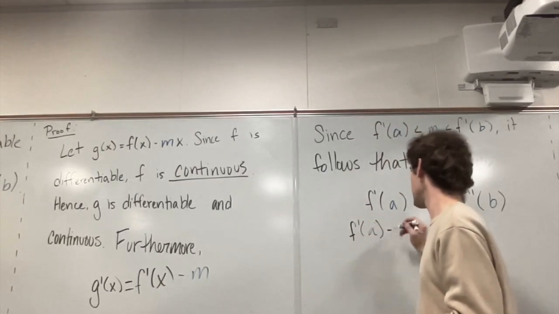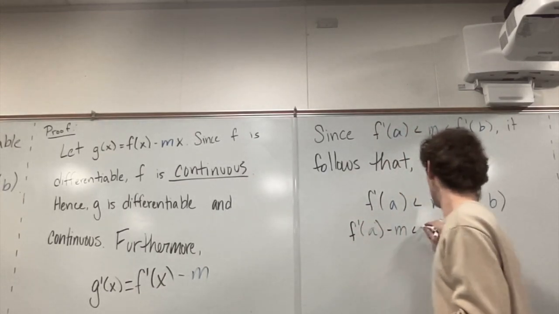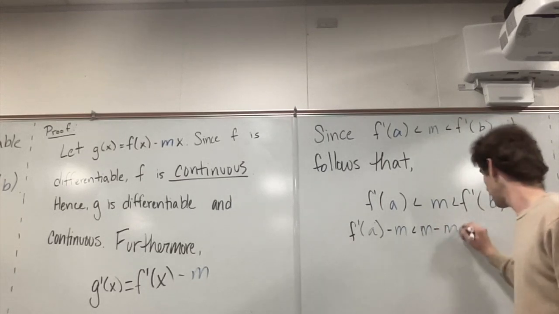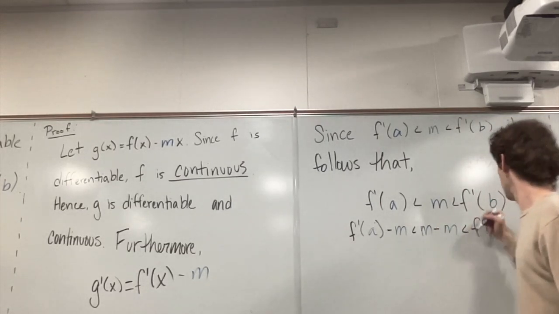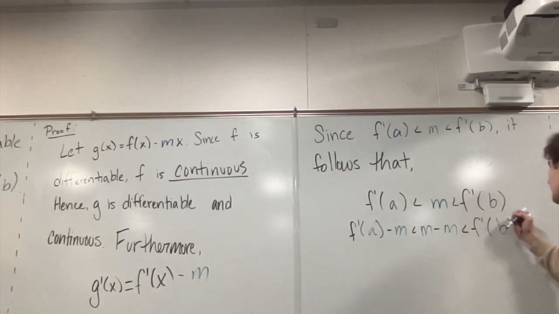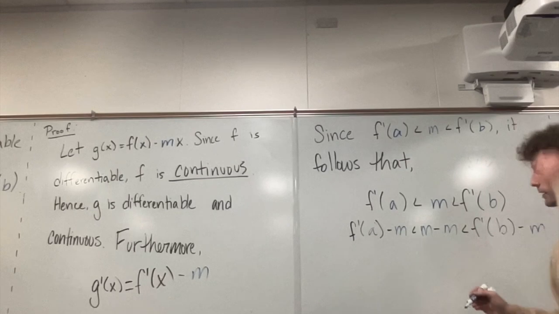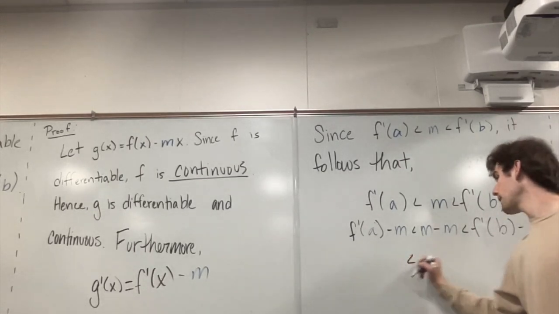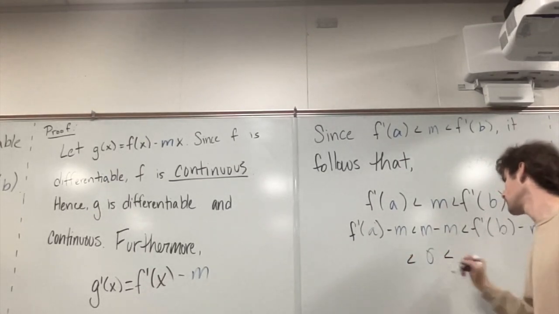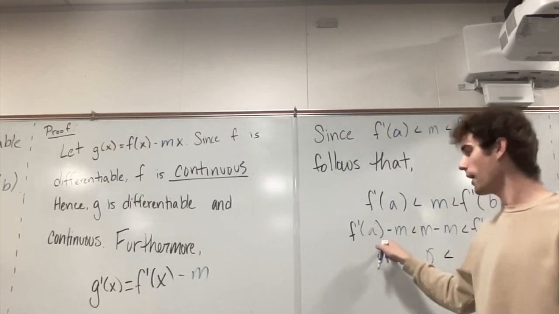So what we've done here is just subtract m from each term. And now we can do some simplification. We know that m minus m is 0.